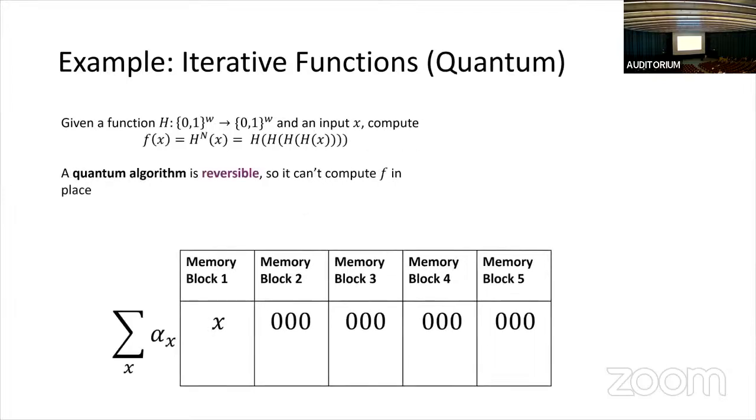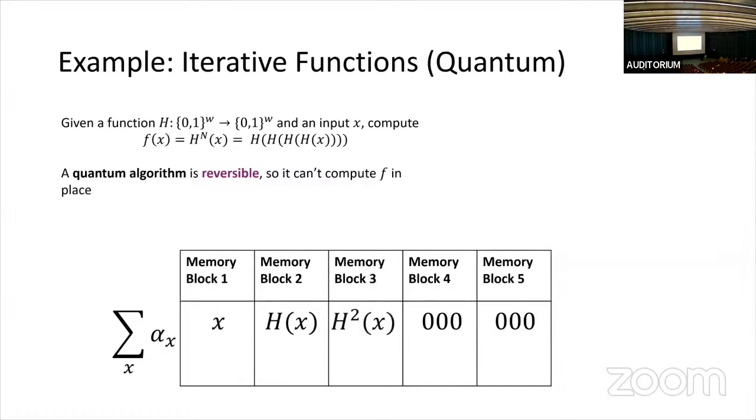But something changes when we want to design our quantum circuit for the problem. In particular, we can't just compute the function in place, because that is not reversible. So usually what we do is we will XOR the value of h into a new register. So we have h of x. But now we're left with the same problem, and we have to do it again. So we have h squared of x.